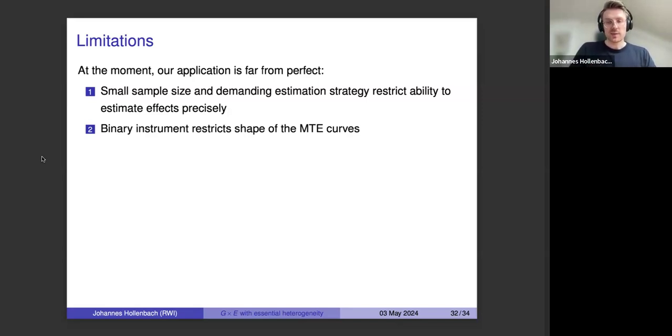And I think the literature is catching up on that now. It's still a problem. We would like to have a nice continuous instrument to really show differences in the distaste for taking the treatment and then be able to estimate nice marginal treatment effects in a nonlinear way. We simply don't have that.